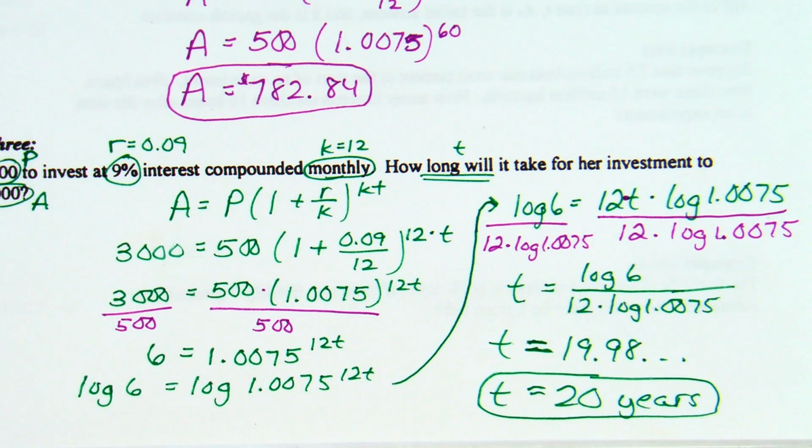I feel like 19.98 is so close that we can say, yeah, that's 20. But if you have numbers that are not as close to a nice whole number, I don't know that we do that. It'd be a different story if it was exactly 20 years. I'd have to look at the problem to know. And I don't remember for homework what we're talking about here. I'll look here at the end of our time.